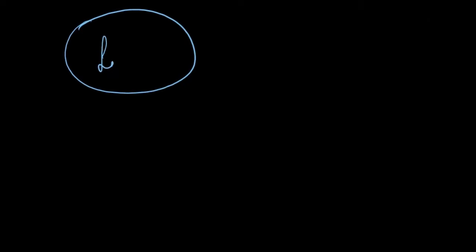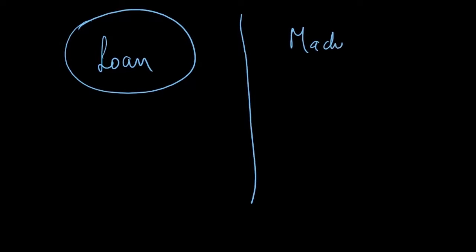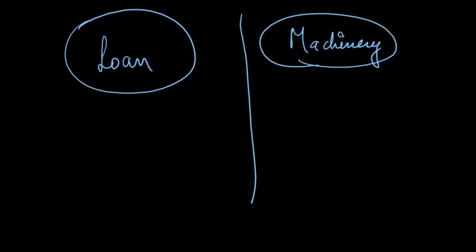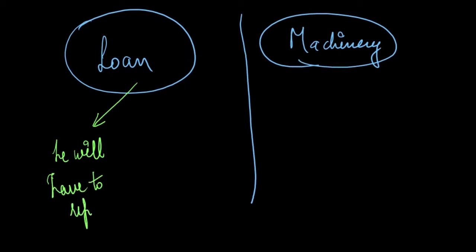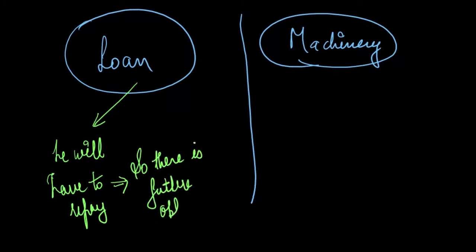What other difference is there between loan and machinery? In future, he will have to repay the loan. So there is a future obligation. What is it?